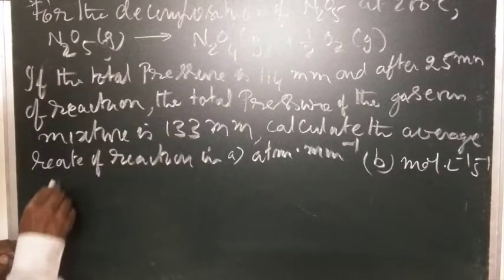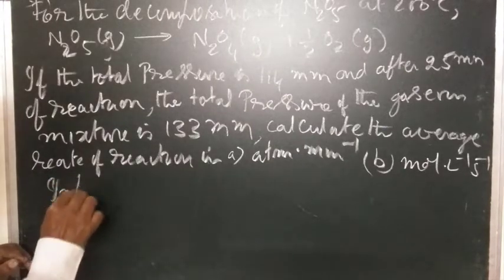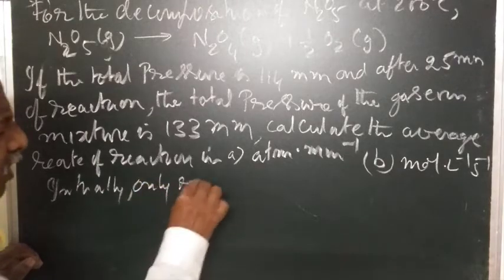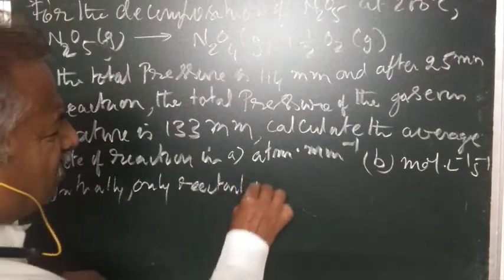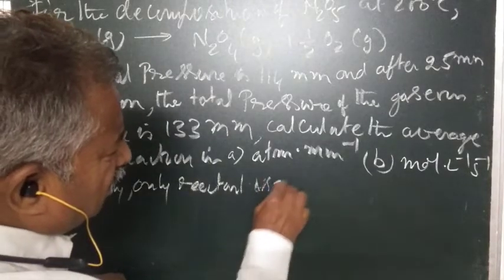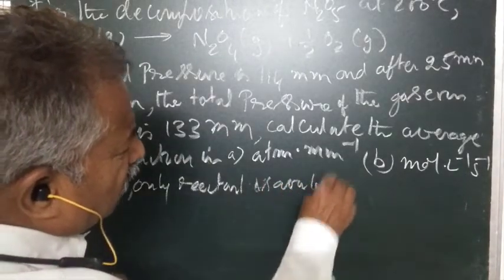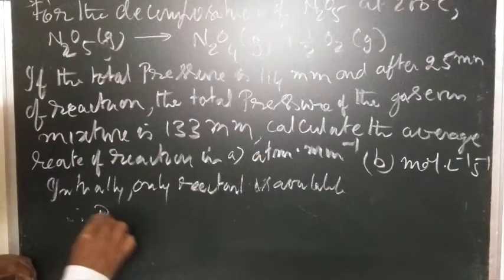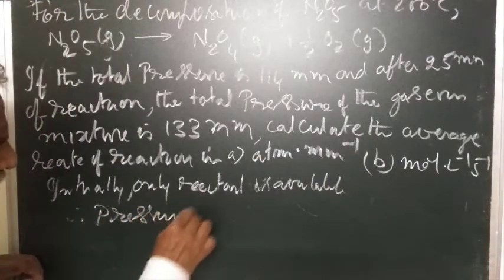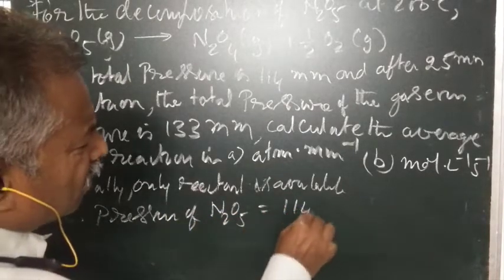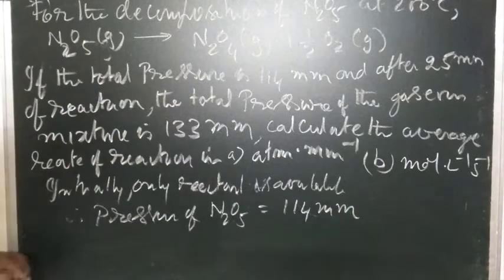So here, initially only reactant is available. Therefore, pressure of N2O5 is equal to 114 mm.